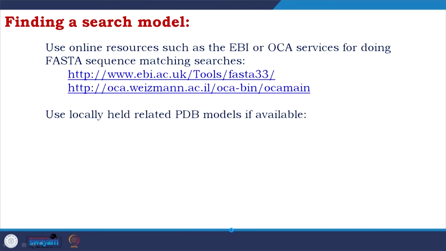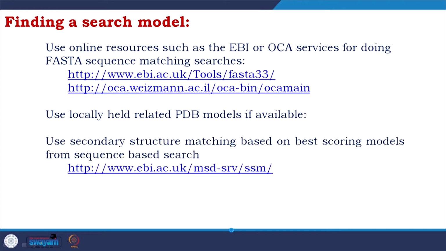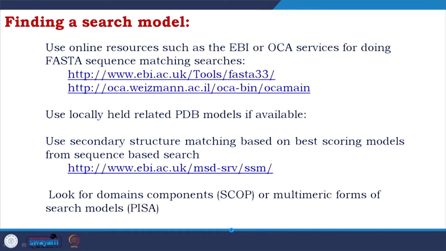Suppose you already solved one of your structures and you are making a mutant. So, you could use the local PDB to do that. You could also perform secondary structure matching based on best scoring models from sequence based search. Again, I have given the link. You could look for domain components from SCOPE or multimeric forms of the search models from PISA.